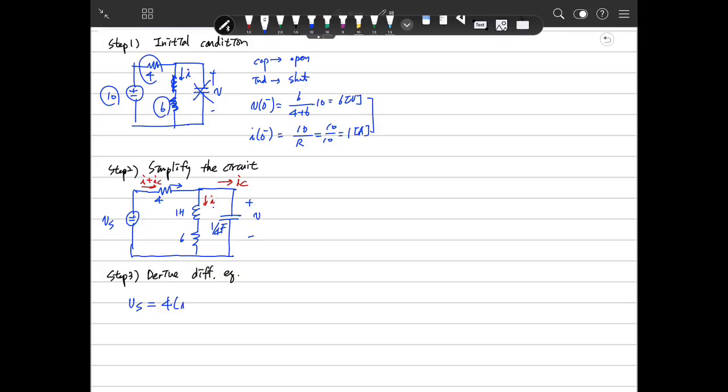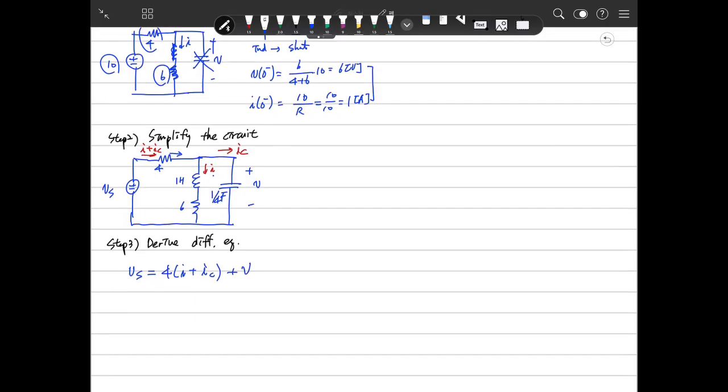Therefore, I plus IC, plus V. Then V is L, which is 1, d/dt of I, plus the 6 resistor, so 6I. Then what's IC?